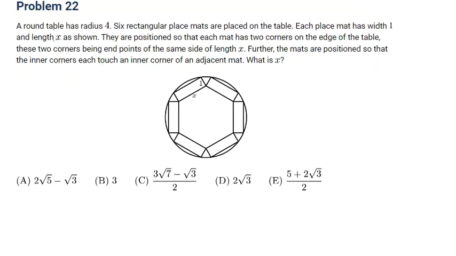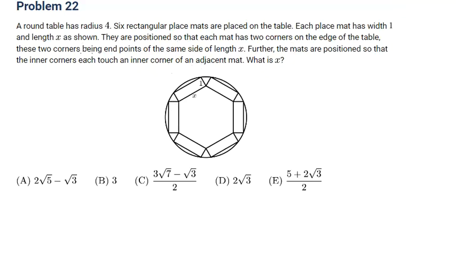Problem 22. A round table has radius 6. 6 rectangular placemats are placed on the table. Each placemat has width 1 and length x as shown. They are positioned so that each mat has 2 corners on the edge of the table.